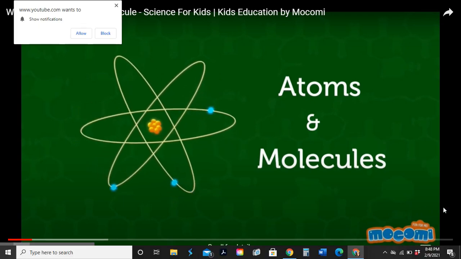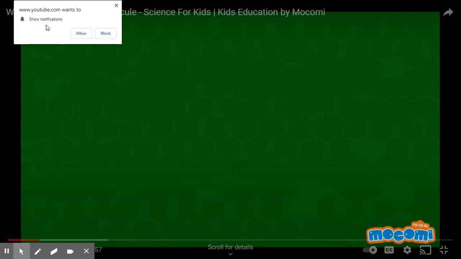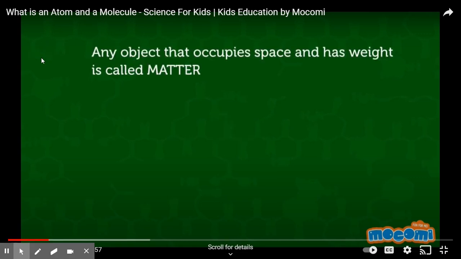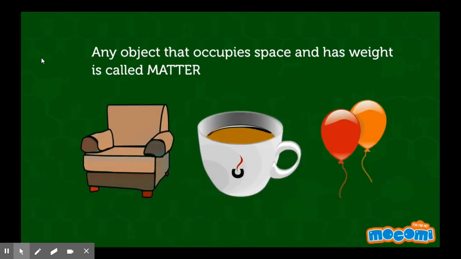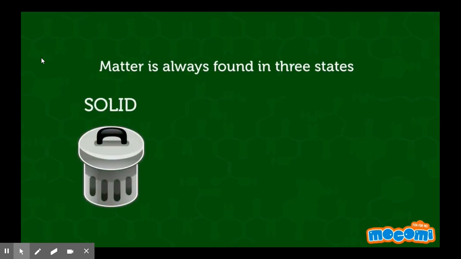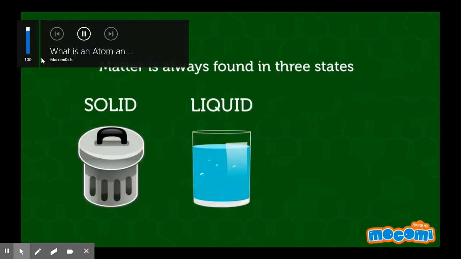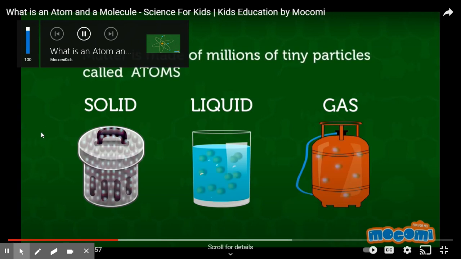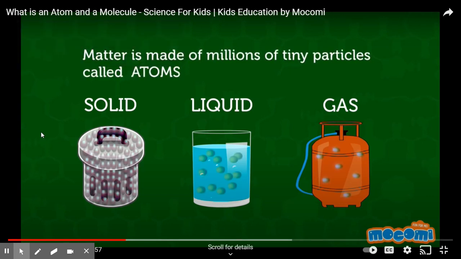Atoms and molecules. Any object that occupies space and has weight is called matter. Matter is always found in three states: solid, liquid, and gas. Matter is made up of millions of tiny particles called atoms.